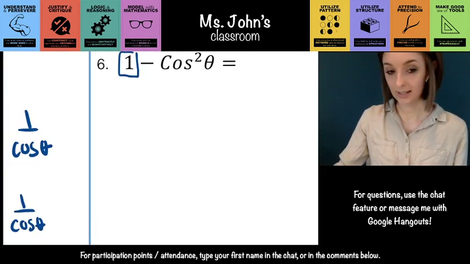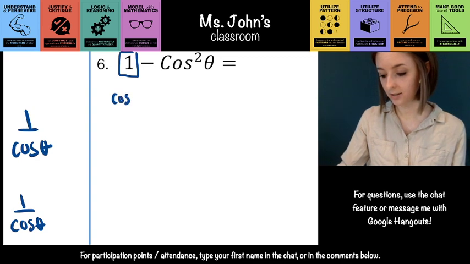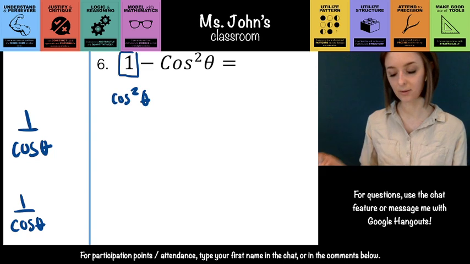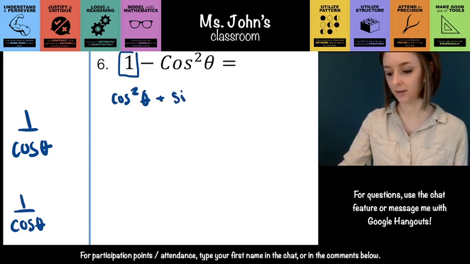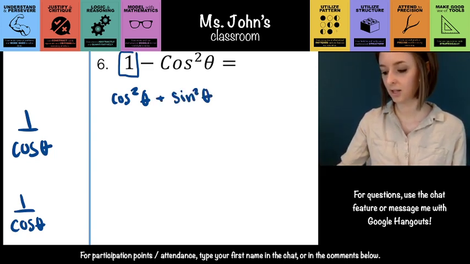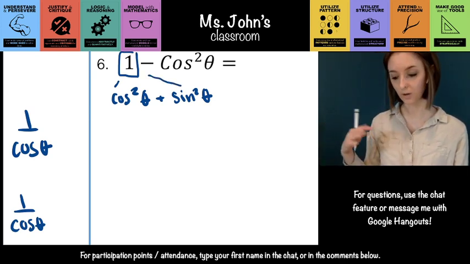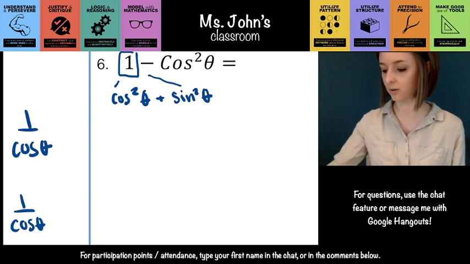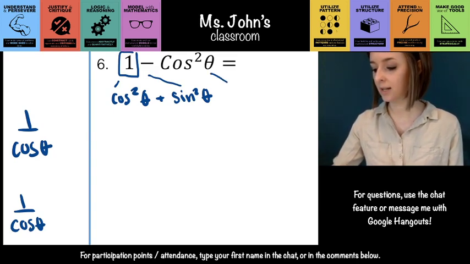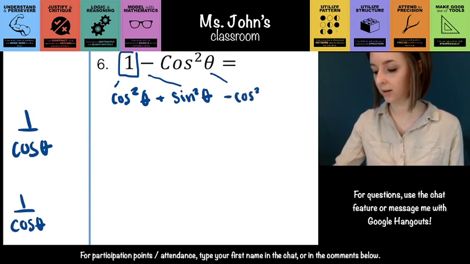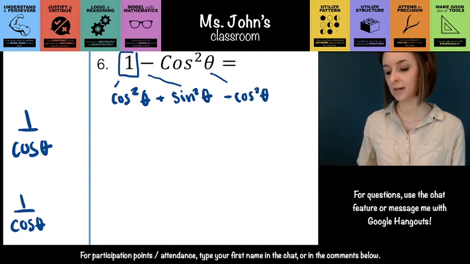That's what it's going to look like: cosine squared of theta plus sine squared of theta, all of that is just equal to 1. And then this minus cosine squared of theta stays.